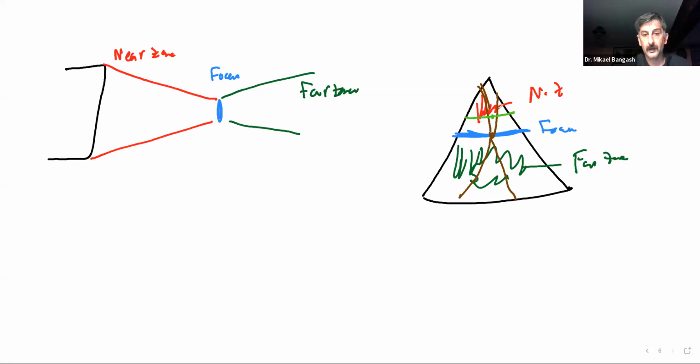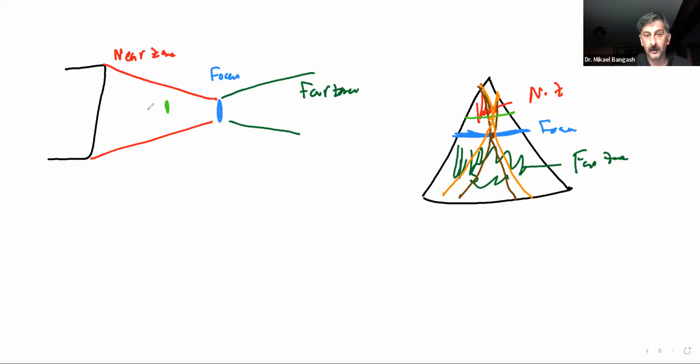In that case, this would be the point where the beam comes to its narrowest, and then it would diverge out like that. So the focal point can be set at a shallower depth.